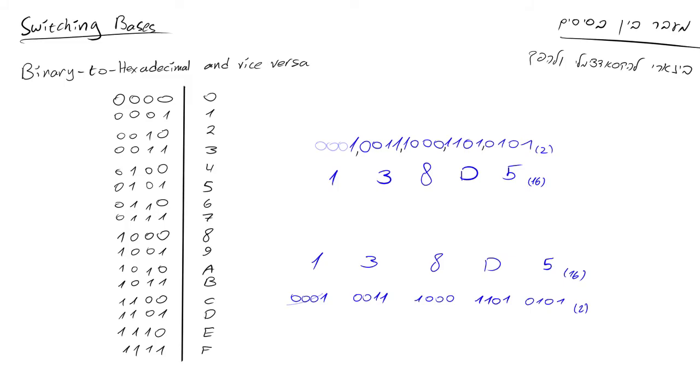Now, the reason I said that hexadecimal is important is because hexadecimal is 16 and 16 is 2 to the power of 4. And that means that conversions between binary and hexadecimal are very simple, very straightforward, very dumb.